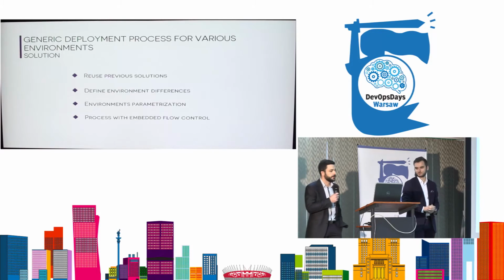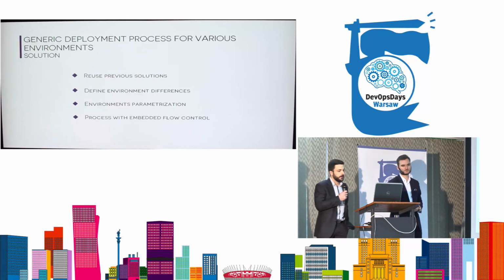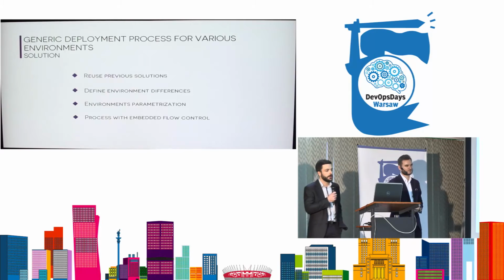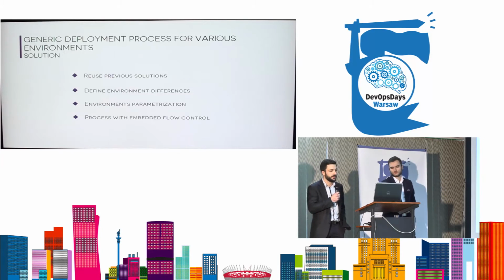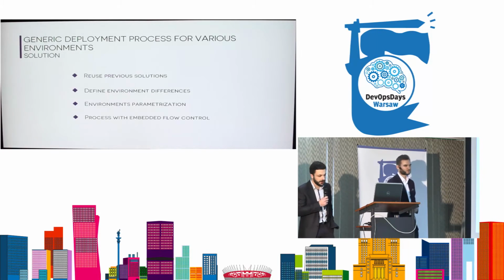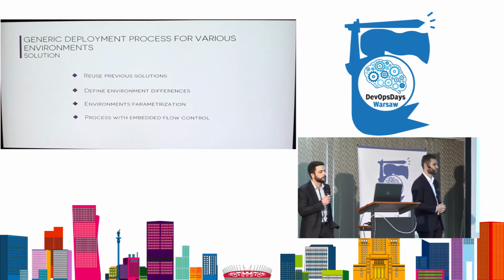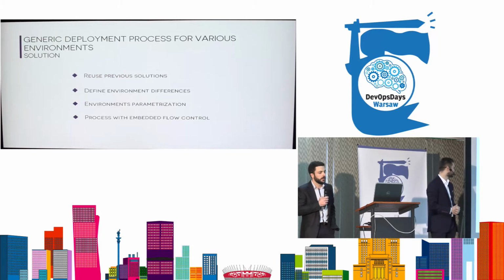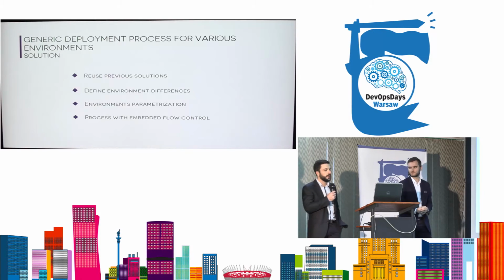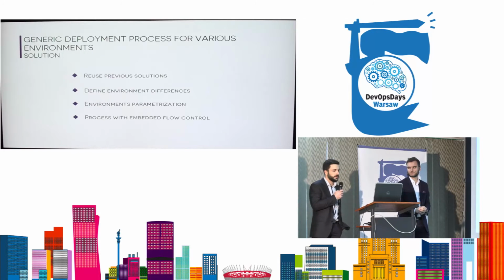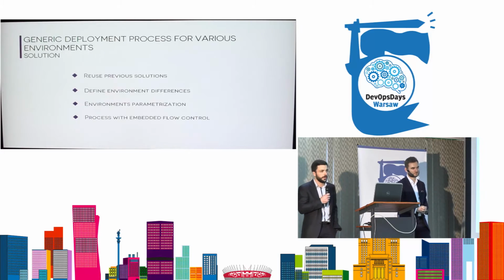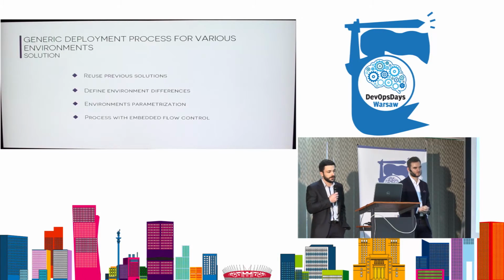The solution for this step, by using the effects of previous steps, that is the package standard and artifact templates, gives us a strong foundation to build such a generic process. But first, we of course need to collect all the differences between environments. And we can say that there are two main ways of handling differences.